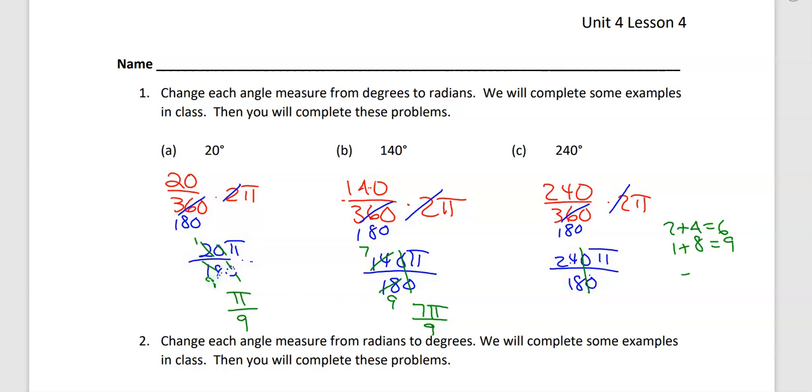So not only can I divide by 2 because both numbers are even, but I also can divide both of them by 3, because when you add the digits together, if the sum is a multiple of 3, then the number itself is divisible by 3. So altogether, I'm going to divide by 6. 2 times 3 is 6. 24 divided by 6 is 4. And 18 divided by 6 is 3. So the final answer is 4 pi over 3.